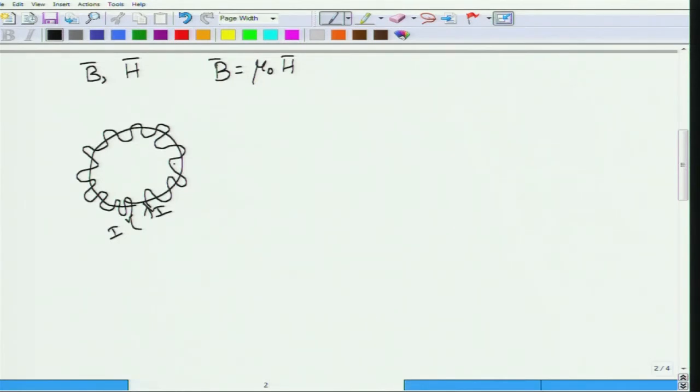If you assume that the material making up this toroid is actually air or free space, then we could apply Ampere's law to give you that magnetic field as Ni by L, because there is only the externally applied current I, and H0 is Ni by L. And because in free space B is related to H by a factor of mu 0, B0 will be equal to mu 0 Ni by L.